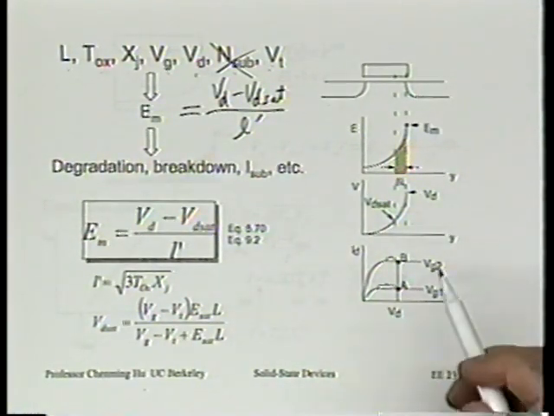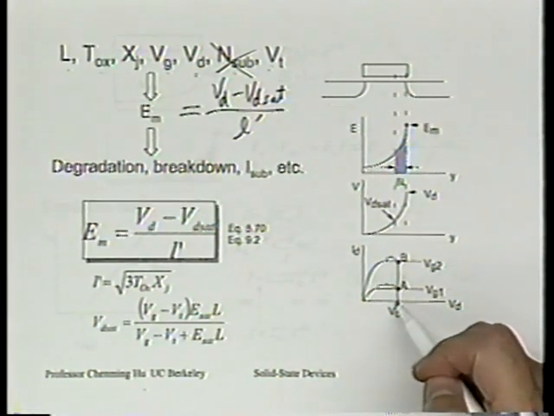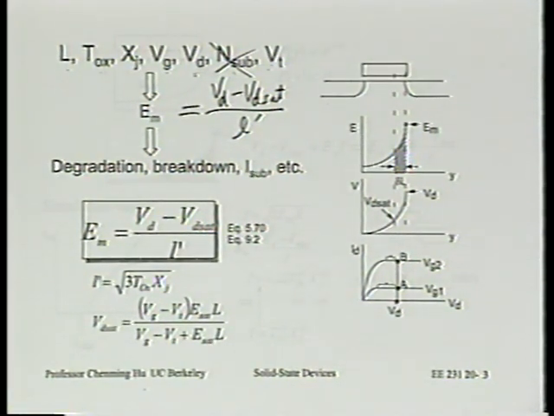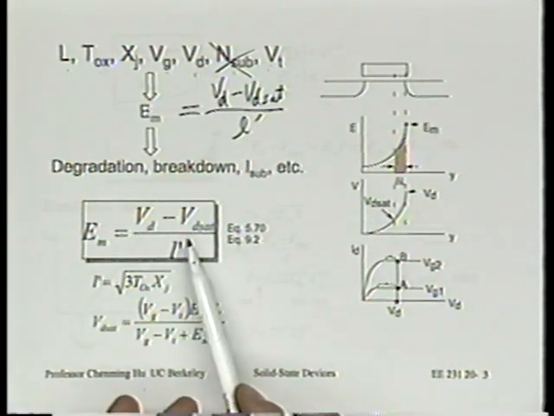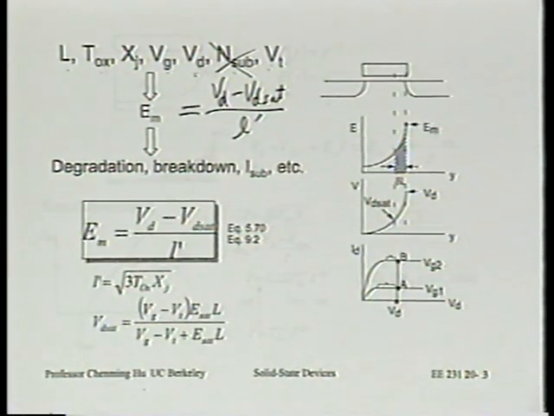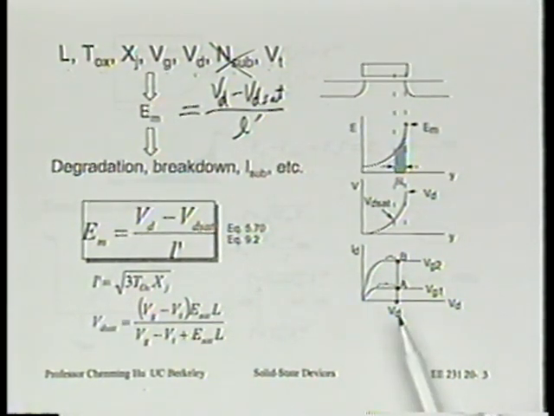So if I ask you the question, for a given VD, which of these two VGs will result in a larger EM, right? You can, of course, go into this equation and say VD set is a function of VG, and you will get a correct answer. But I want you to also look at this graphically, look at this diagram, and realize this is the way you can answer the question.